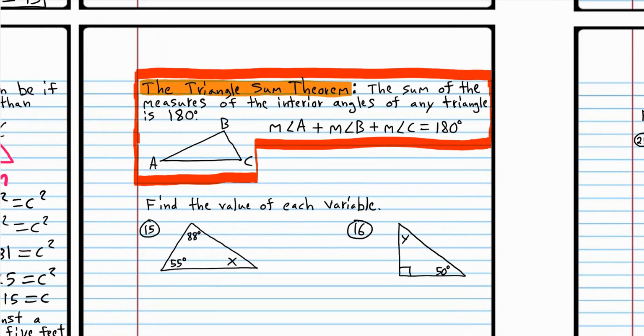So the sum of the measures of the interior angles of any triangle is 180 degrees. So if you have some triangle here, the measure of A plus the measure of B plus the measure of C has to be 180 degrees.